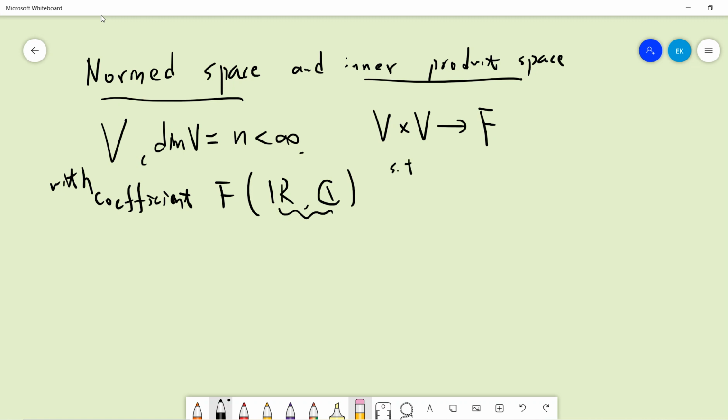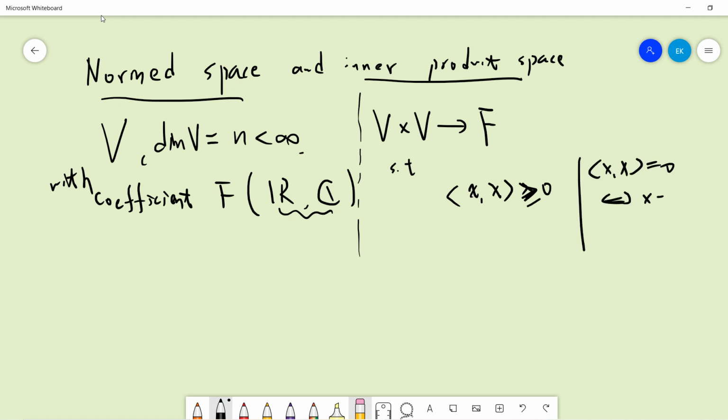Okay, such that if you give me a vector x, the inner product of x with itself is greater or equal to 0, and if it's 0, then x must be 0. So this is rule number one. The second one is that it must be bilinear.